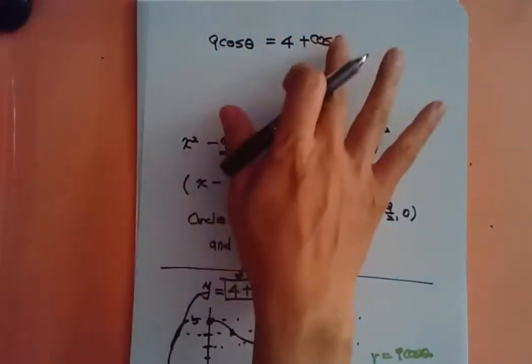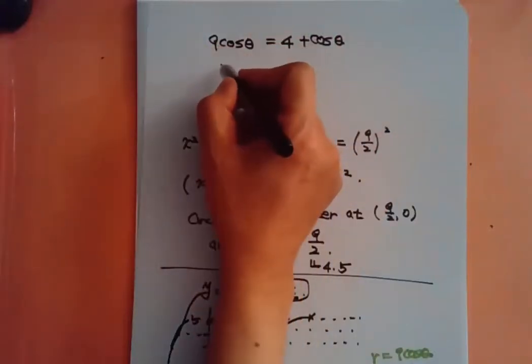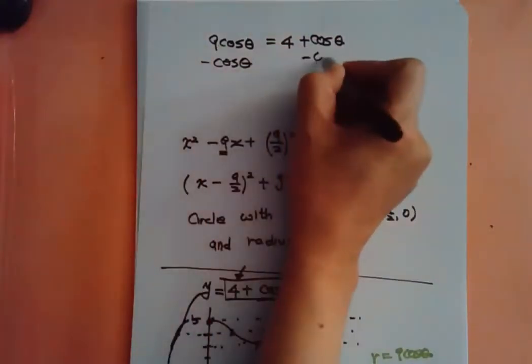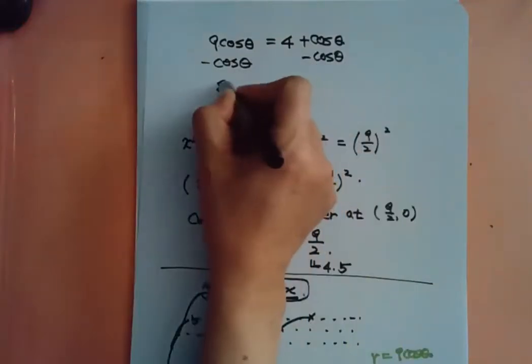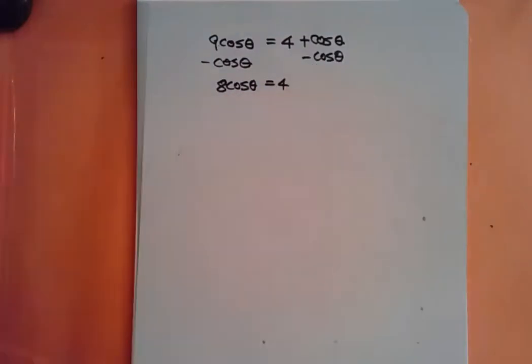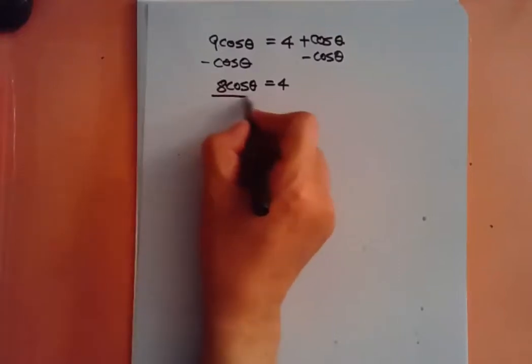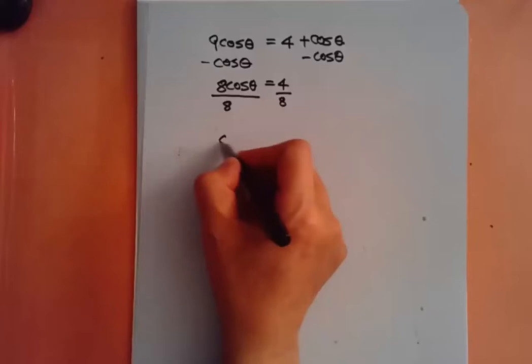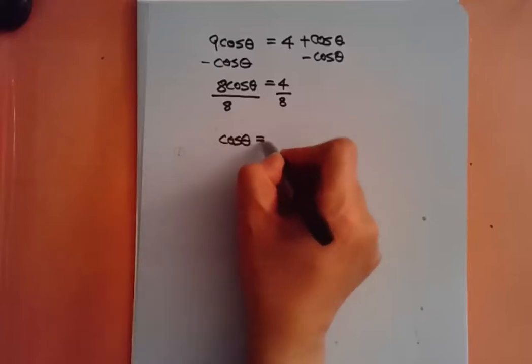So if we subtract cosine theta on both sides, then it becomes 8 cosine of theta equals 4. Then we divide by 8 on both sides to get cosine of theta equals 1 over 2.